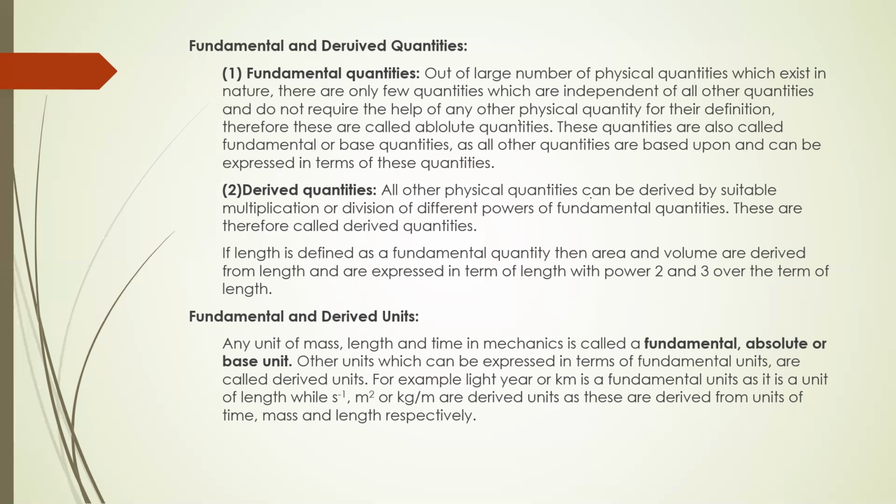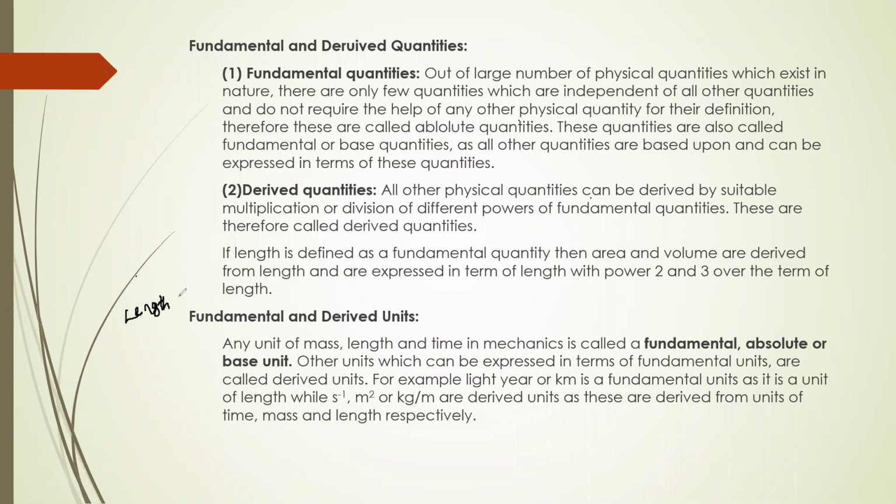If you see the example, you will understand the definition clearly. Whatever quantities we use in physics, some quantities do not depend on others. For example, length: how do you measure it? You can take a scale or a measuring device and measure the length directly.